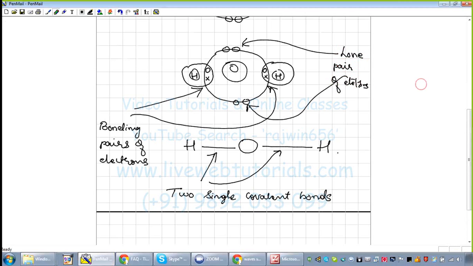These lone pairs of electrons have some significance because afterwards this is going to come in formation of hydronium ion, as well as when we discuss ammonia, there the lone pair of electrons will be responsible for formation of ammonium ions. Those bonds are going to be your dative bonds. So that part we will see later.